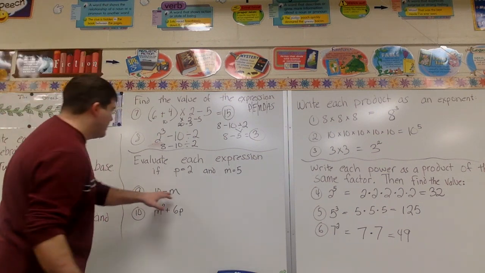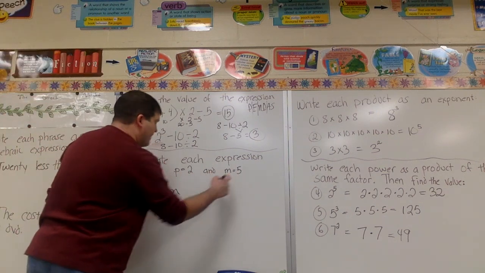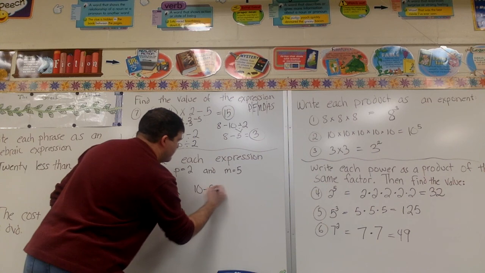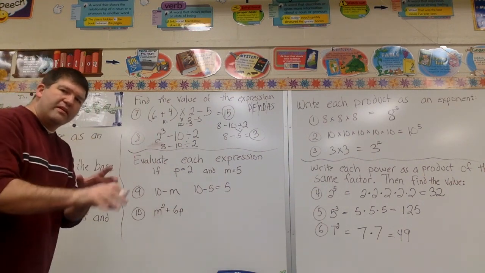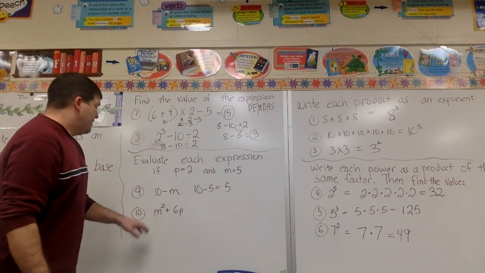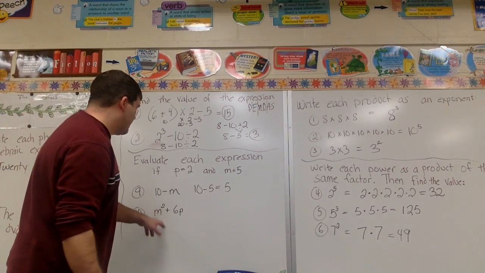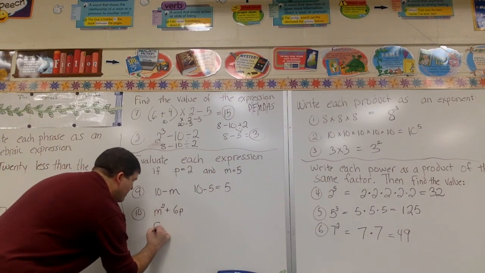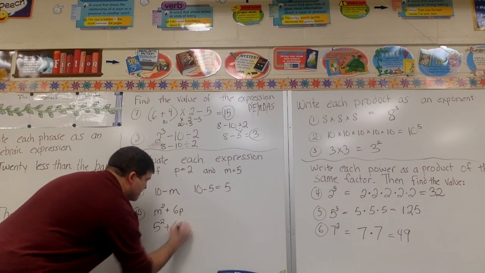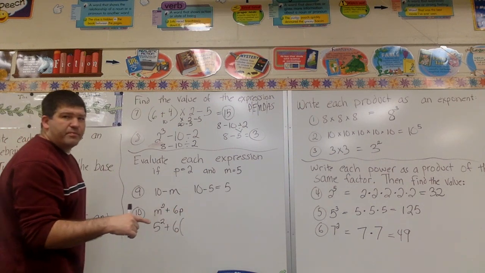Okay, 10 minus M. M is 5, so I do 10 minus 5. I get 5. Okay, simple. Plug in the numbers and then solve. This one, m squared plus 6p. So m is 5, so it's 5 squared plus 6, because it's next to a variable, it's multiplication.